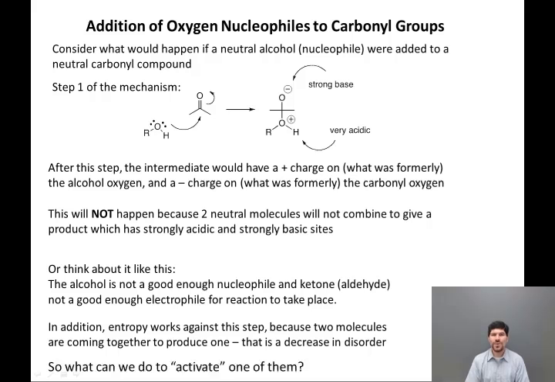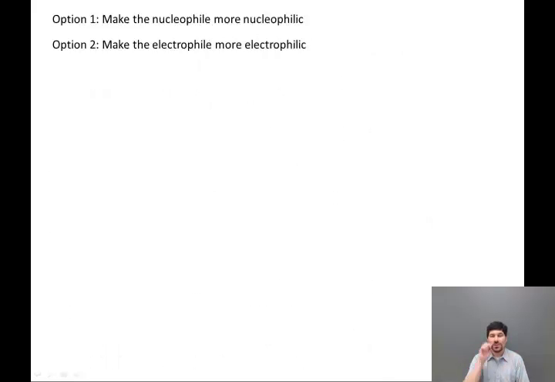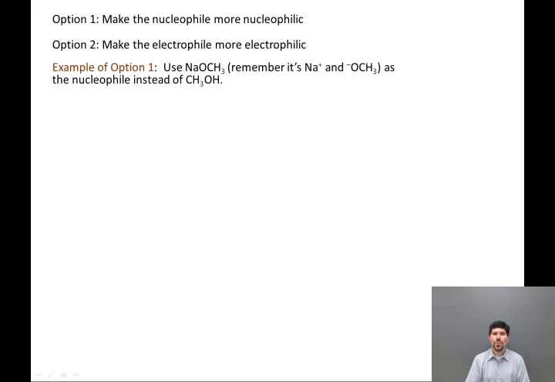So what can we do to activate one of these molecules? Well, there are 2 options. We can make the nucleophile more nucleophilic, or we can make the electrophile more electrophilic. We will look at both in turn, but we're going to start with option 1, making the nucleophile more nucleophilic.